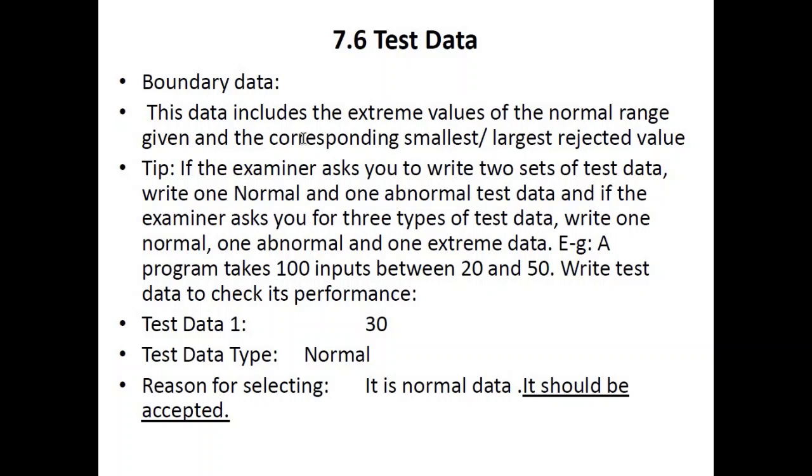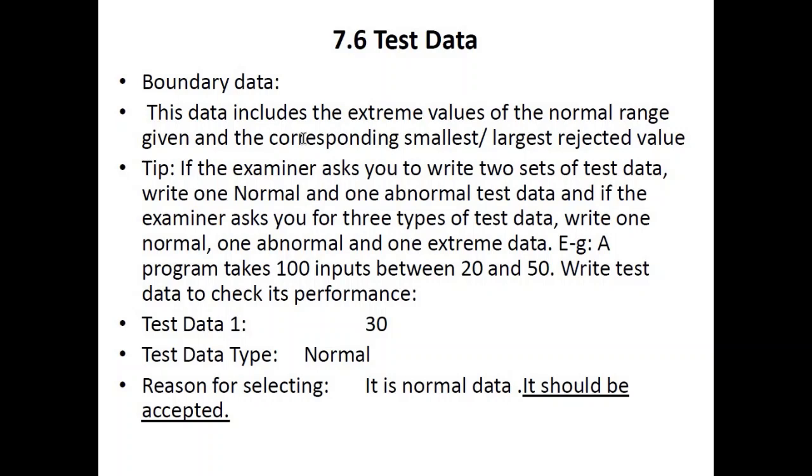Otherwise it should have written between 20 and 50 inclusive. Inclusive would have meant 20 and 50 are also included in the range. So basically our range will start from 21 and will end at 49, or you can say 20.1 till 49.9. Write test data to check its performance.